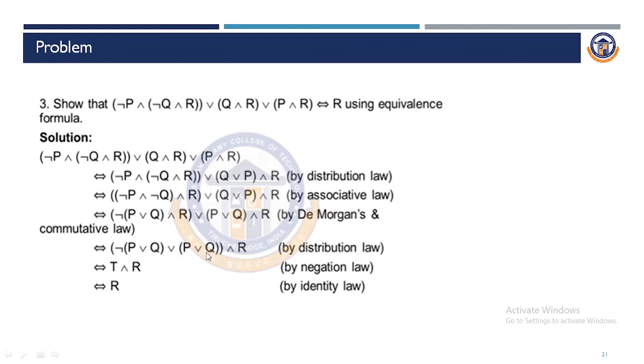Negation of P or Q or P or Q is true. True and R is equivalent to R.